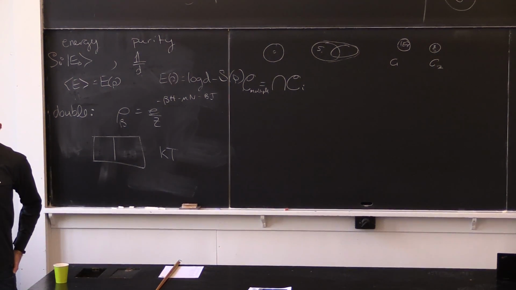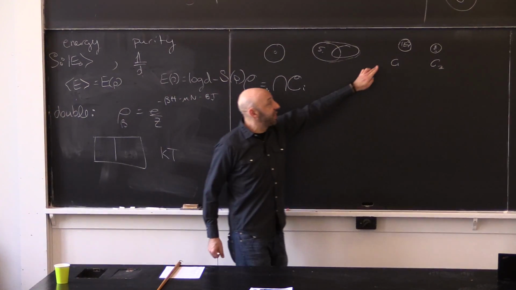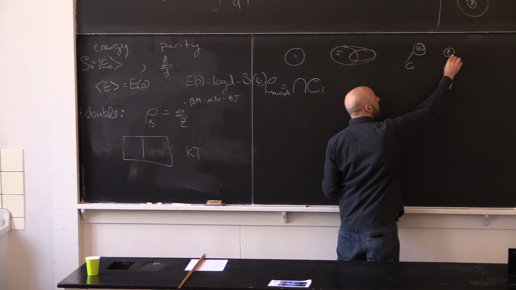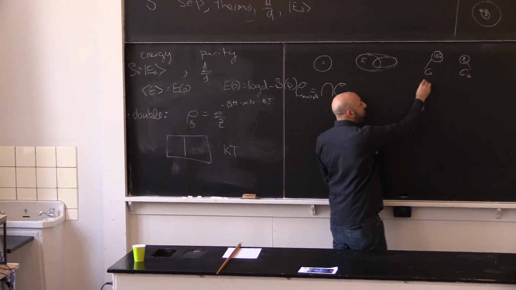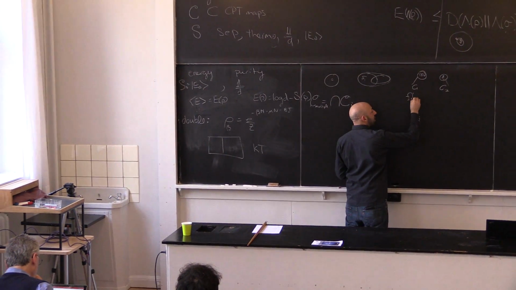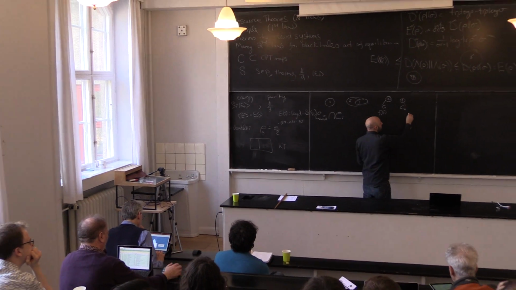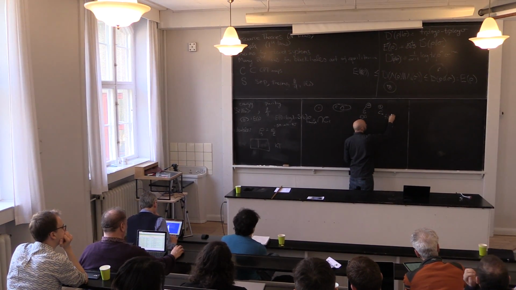No. So previously, for each resource theory we used to talk about the free states, and we used to talk about the relative entropy distance to those free states. So let's call this F1 the relative entropy distance to those free states, and F2 the monotone for resource theory 2.